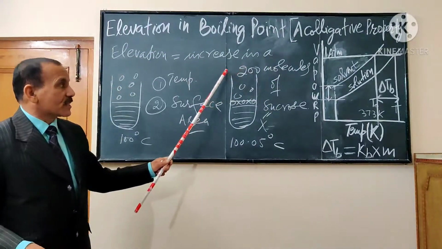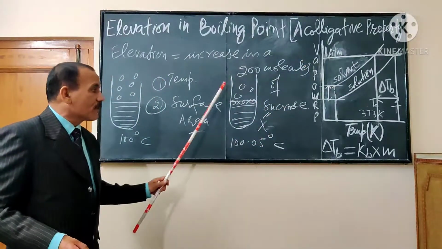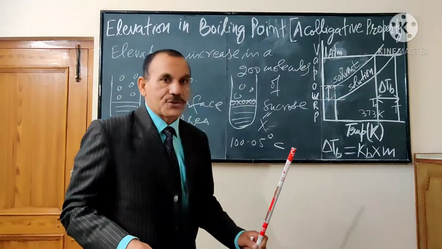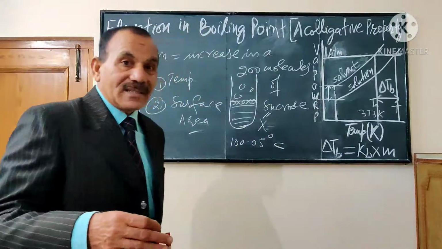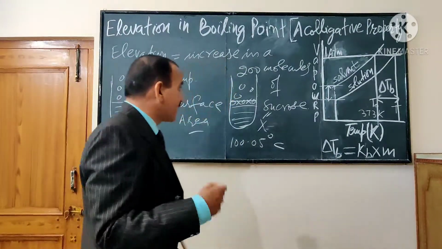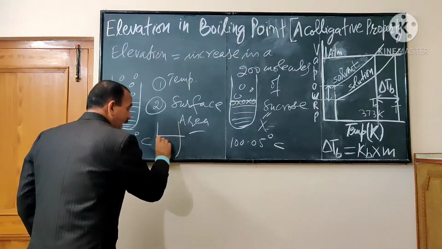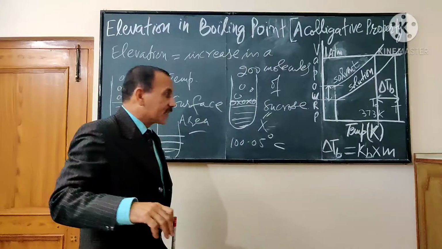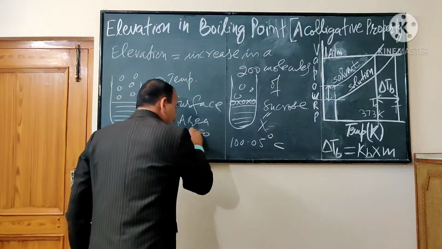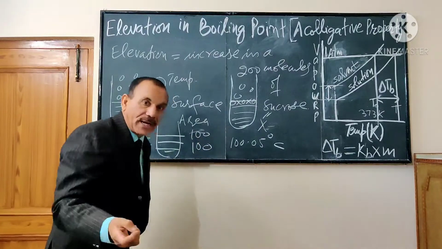Because of the presence of 200 molecules of sucrose. Now in a third beaker, we take pure water, and to this we add, let's say, 100 molecules of sucrose and 100 molecules of urea.